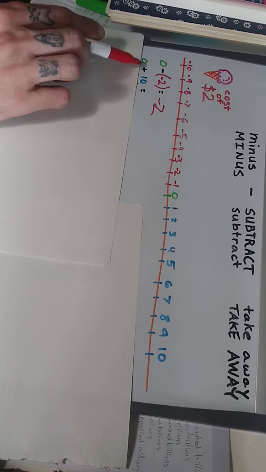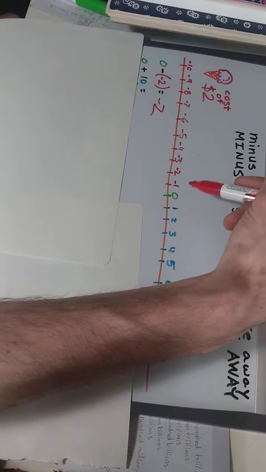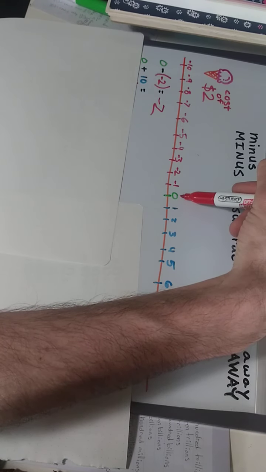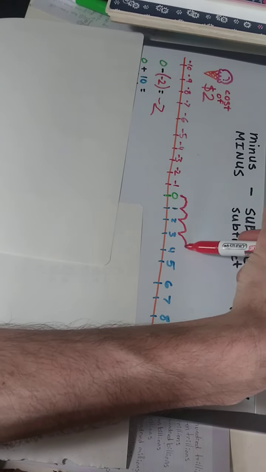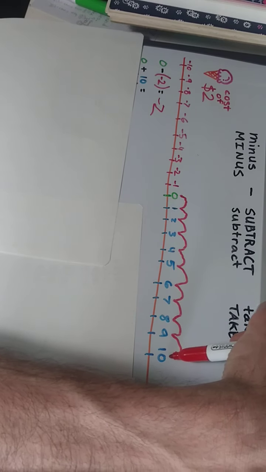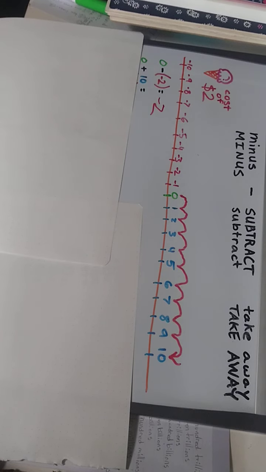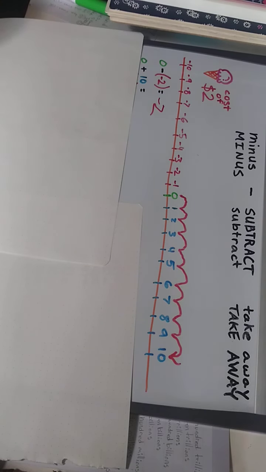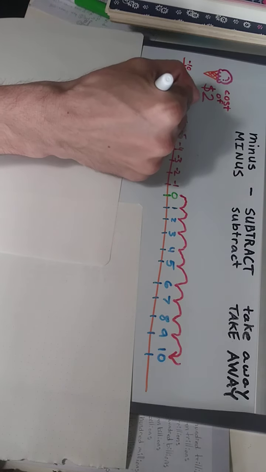We start at 0, and then we go over 10. 1, 2, 3, 4, 5, 6, 7, 8, 9, 10. So we see there 0 plus +10 will be +10.